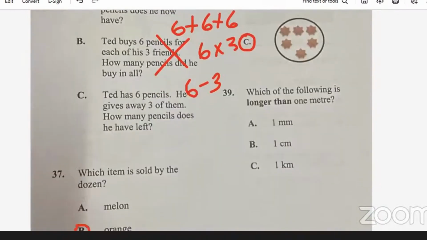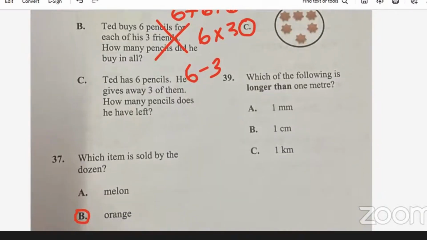All right, question 39. Which of the following is longer than 1 meter? Again, you have to be mindful of different measurements. What's a meter, millimeter, centimeter? Have an estimate of what that would look like, right? So a millimeter and centimeter, you usually find those on your rulers. They're pretty small, right? But when we talk about kilometers, we're talking about longer distances.